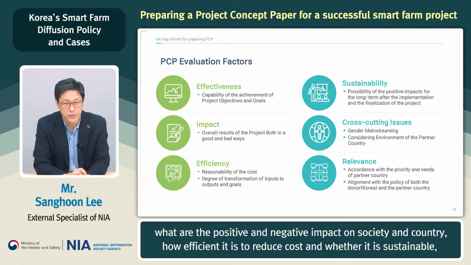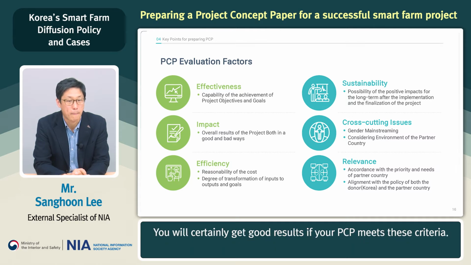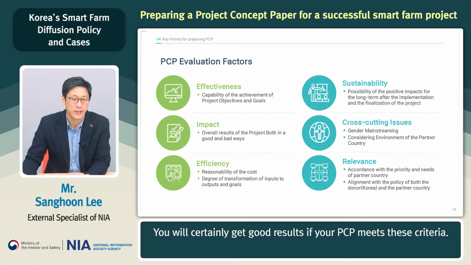How efficient it is to reduce cost, whether it is suitable, whether it conforms to the policies of both donor and partner countries, and whether it properly addresses gender and environmental issues. You will certainly get good results if your PCP meets these criteria.